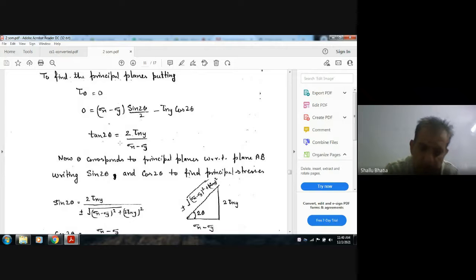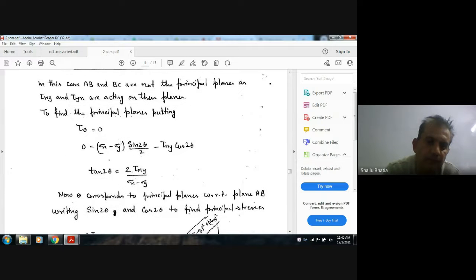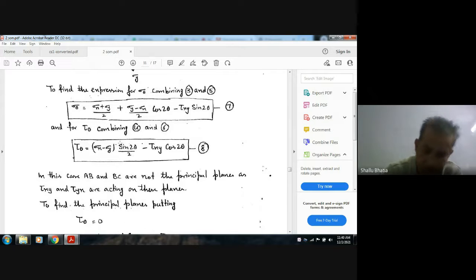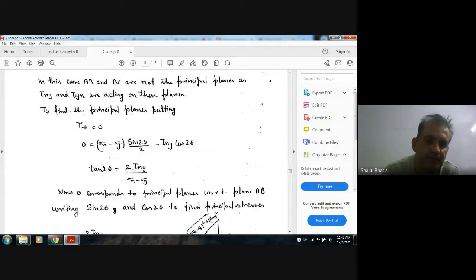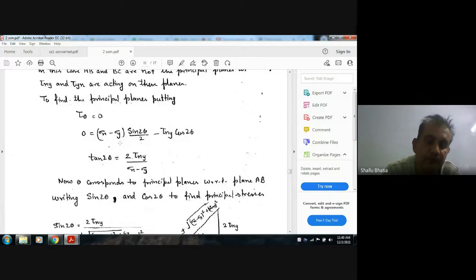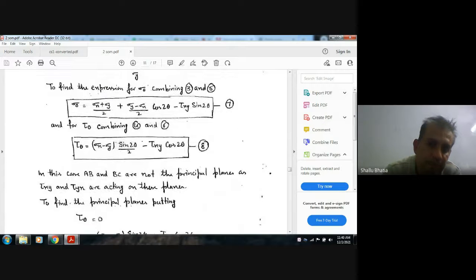Okay. So if we put the value of this angle in the expression of normal stress, we can find out principal stress. Now, in the normal stress formula, there are cos 2 theta and sin 2 theta.